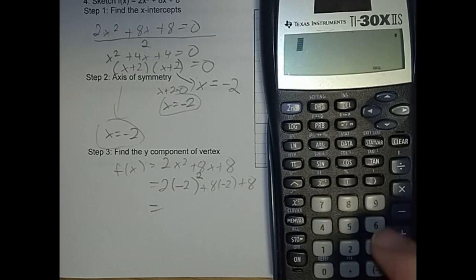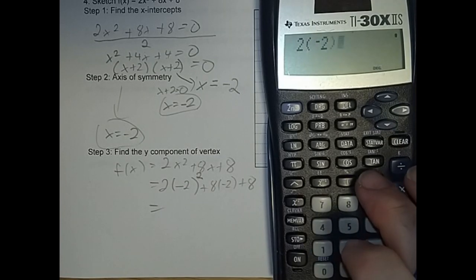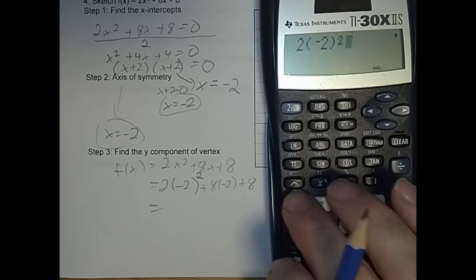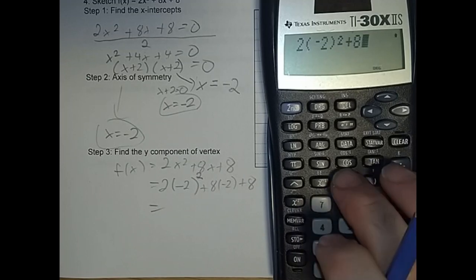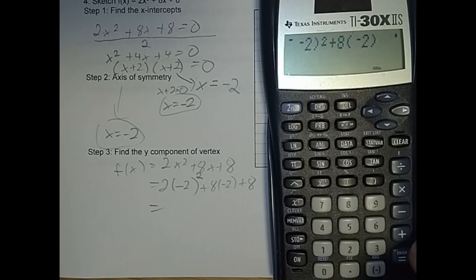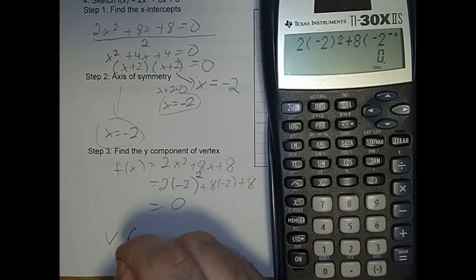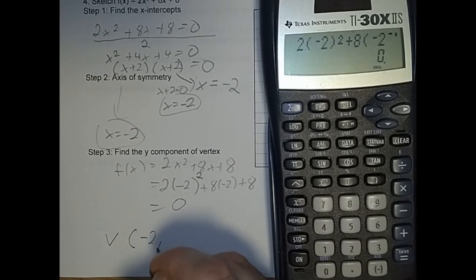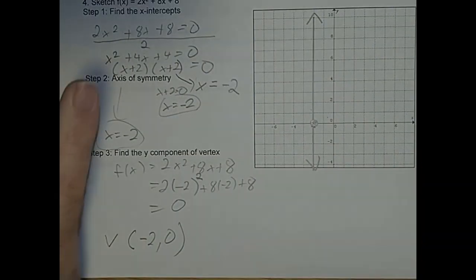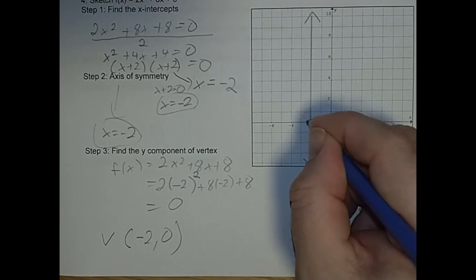Oh no, there's no bracket. It's 2 bracket negative 2 squared plus 8 bracket negative 2 plus 8. 0. Interesting. So our vertex is negative 2, comma 0. Oh, that makes sense. Our vertex is right there.